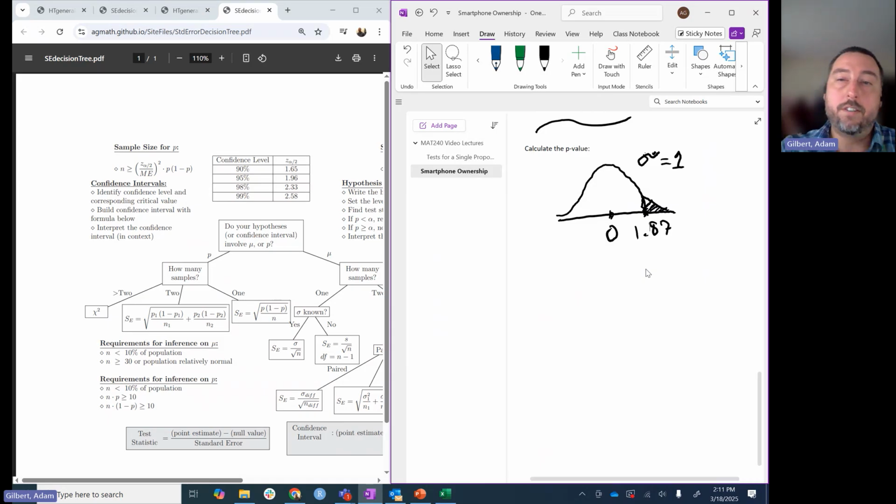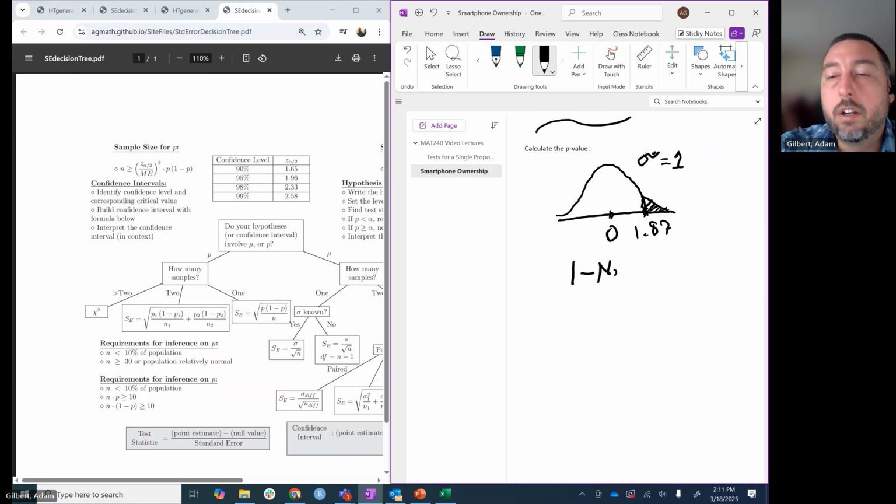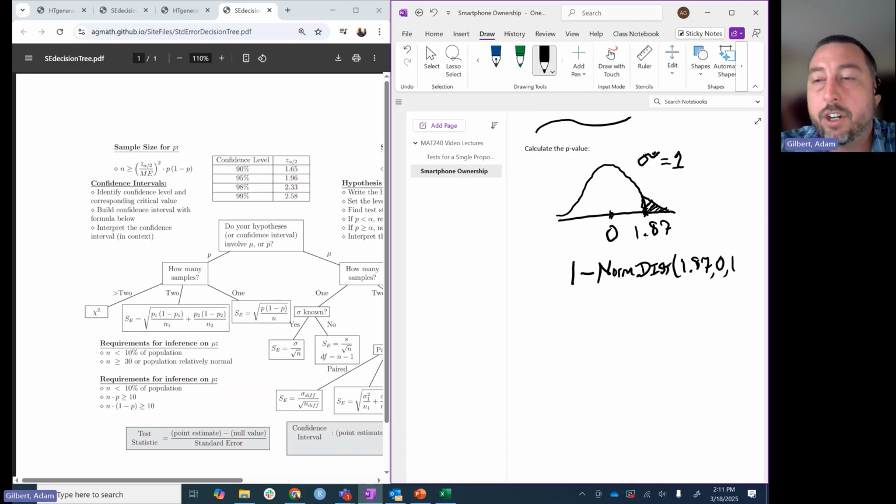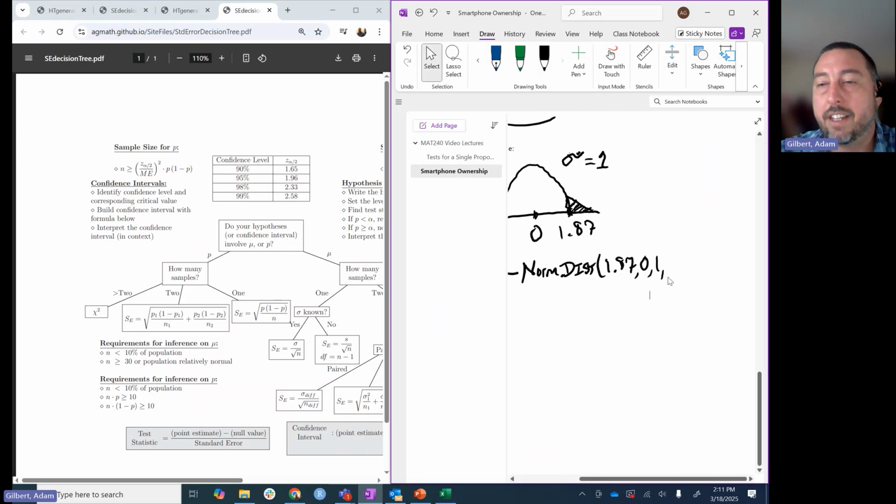That norm.dist function that we use to calculate probabilities gives us the area to the left by default. And so we are going to take 1 minus norm.dist. The 1 minus will give us the area to the right of that boundary value, 1.87, mean of 0, standard deviation of 1, and then always with these dist functions, we're going to use TRUE as that last argument.